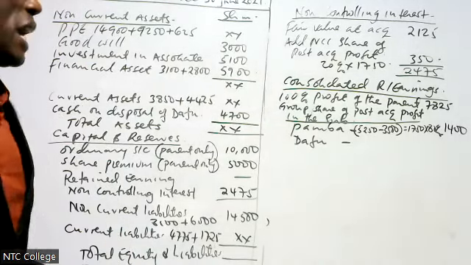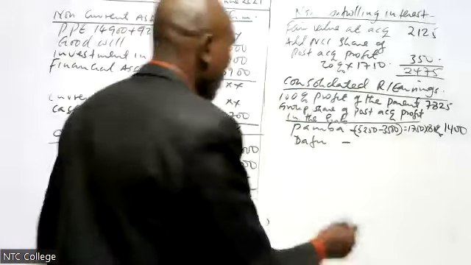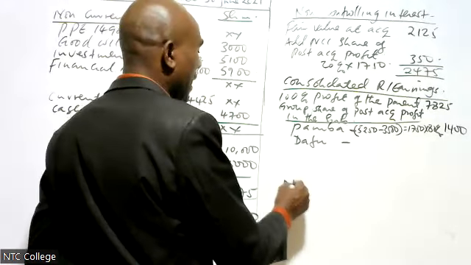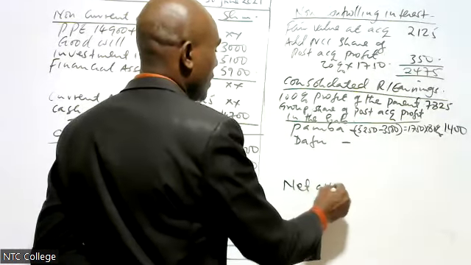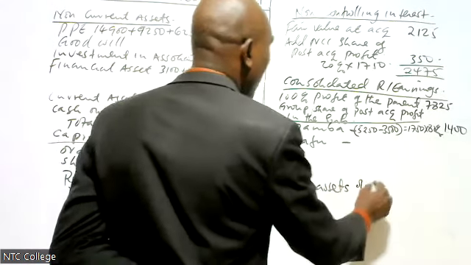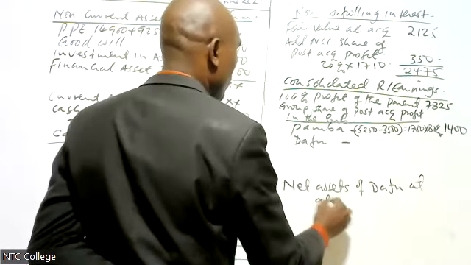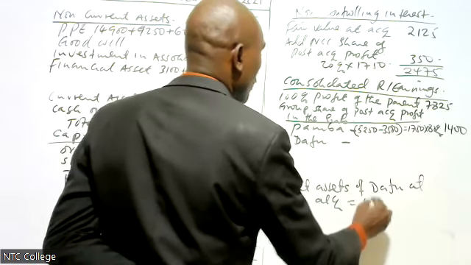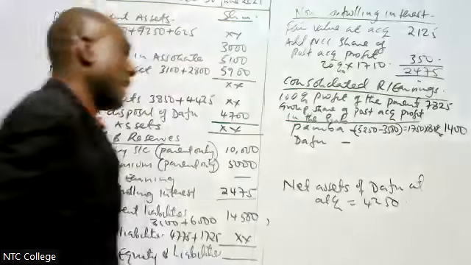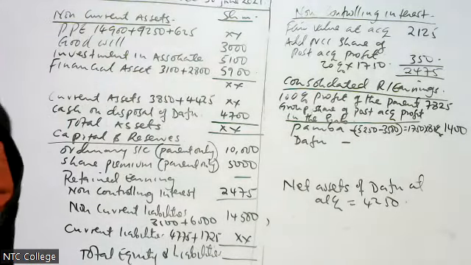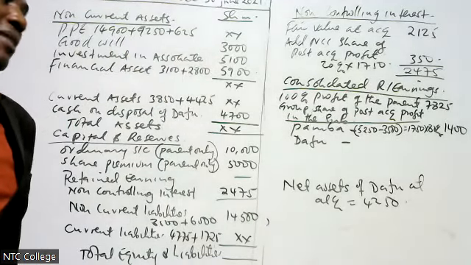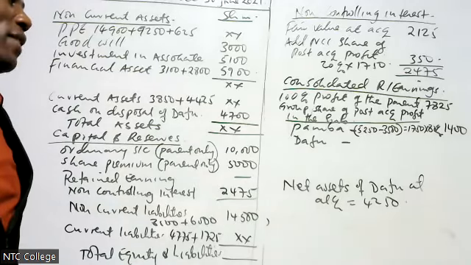Now in DAF Limited, remember, net assets of DAF Limited at acquisition was 4250. Kindly listen carefully there.